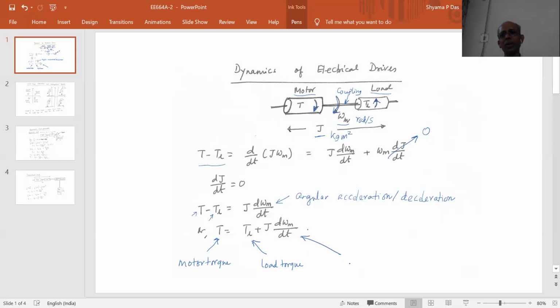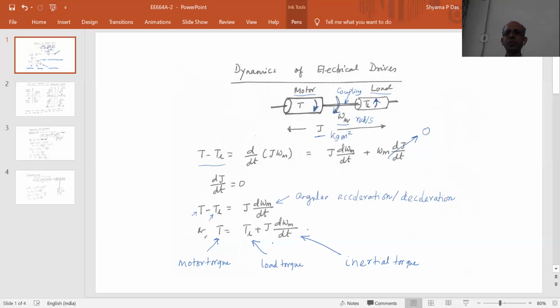This is because the motor has to accelerate against the inertia. So this is a very basic equation: the motor supplies the useful load torque plus the inertial torque.